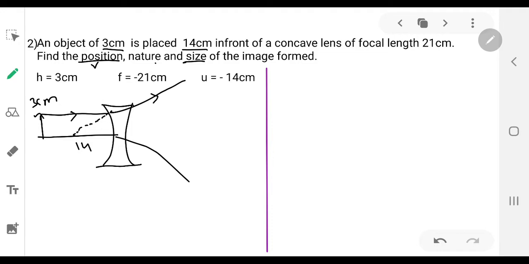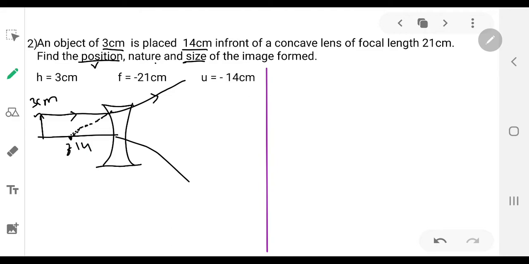And what about the focal length? If a parallel beam of light falls on the lens, it gets diverged and the rays appear as if they are emerging from a common point. So on the same side of the object, the focal length will be.